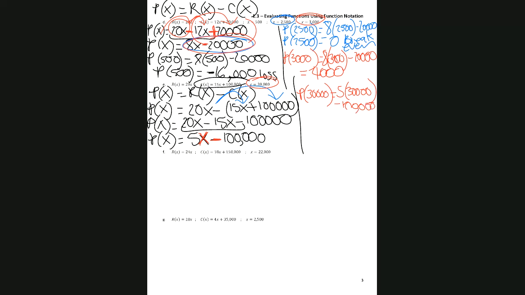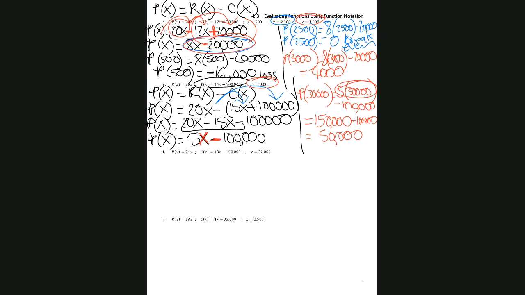And that will give us, if we multiply this, we will get 15 with 4 zeros. So that's 150,000 minus 100,000. It will give us positive 50,000. And so that is the answer for that.